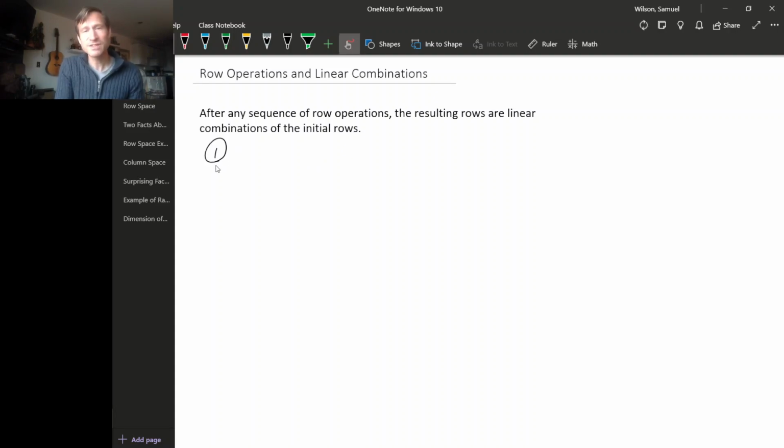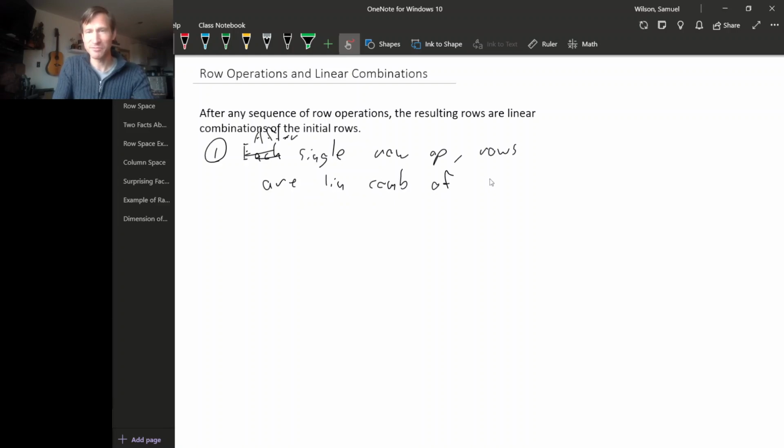So the first thing that we'll show is that after a single row operation, the resulting rows are linear combinations of the starting rows, the rows that you started with.